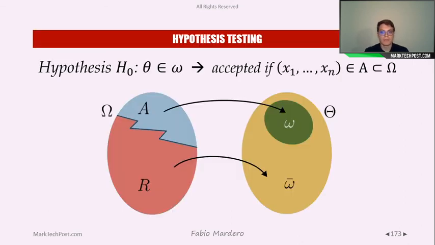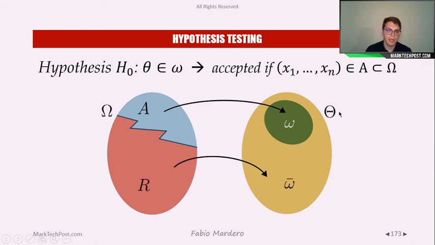Moving on, let's take a deep look at hypothesis testing. In hypothesis testing, we make a hypothesis on parameters. In particular, this H0 is the null hypothesis, and we think that the parameter is inside this omega space, inside the parameter space.